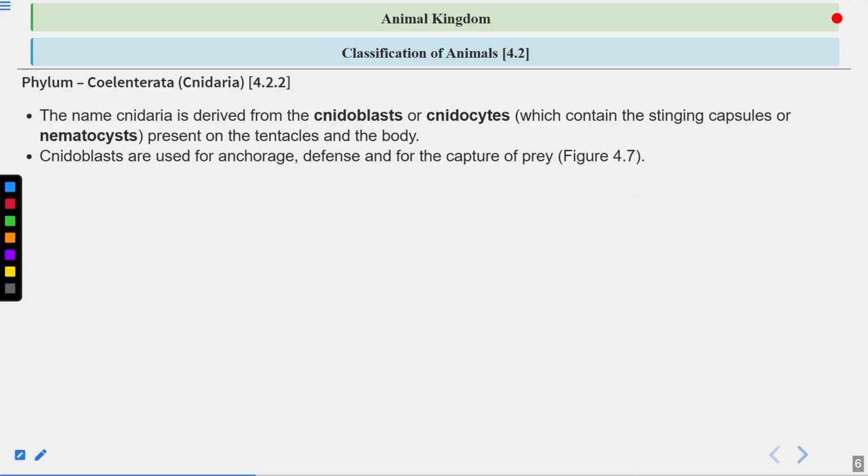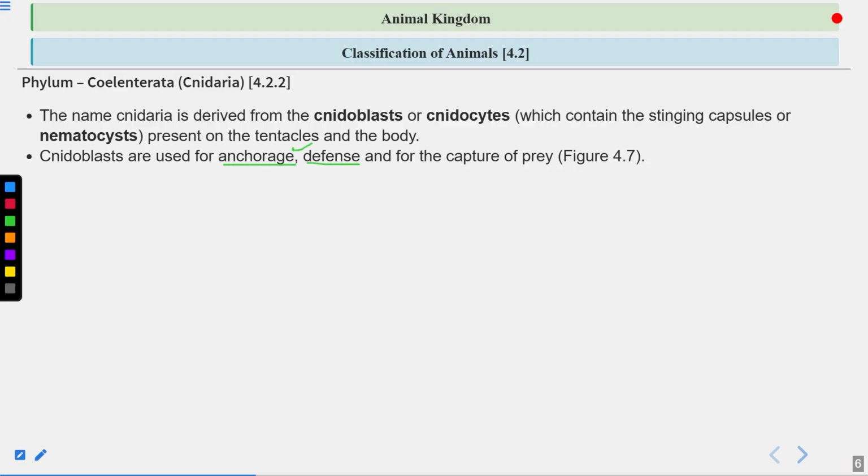nematocyst cells. The cnidoblasts are used for anchorage; they are helpful in attaching to any surface. They are also used for defense.